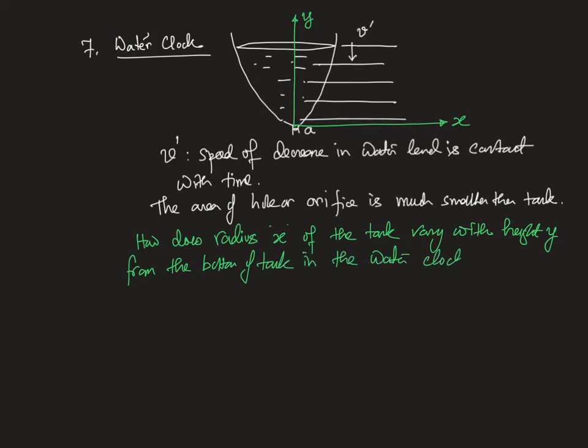That is the question. And to be a water clock, this velocity v dash must be constant with time, so that the graduations are covered in equal time intervals, right? So you can try out this now. You can find the equation.